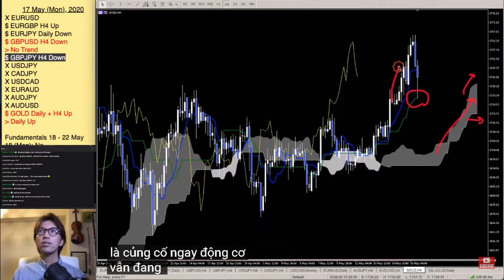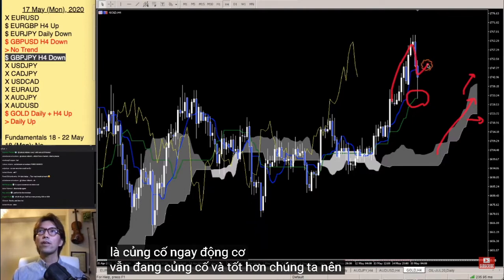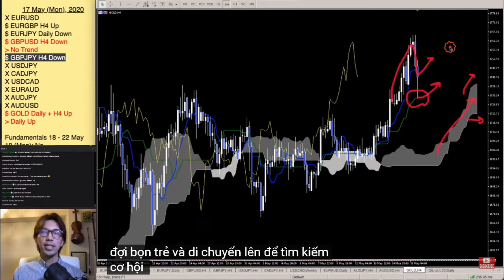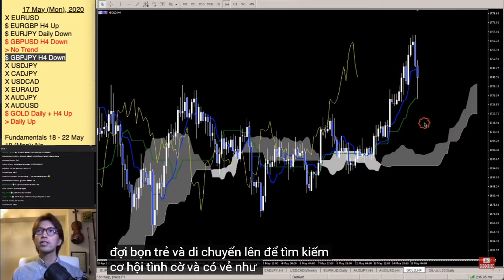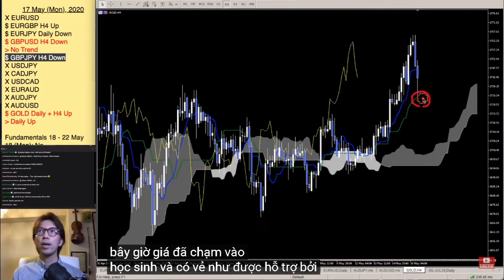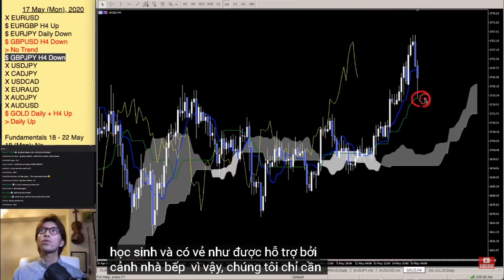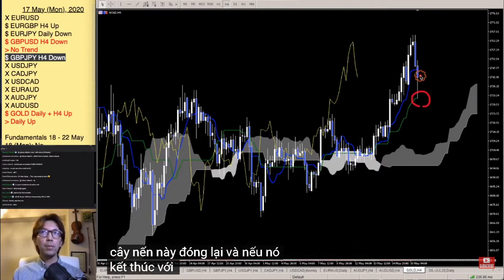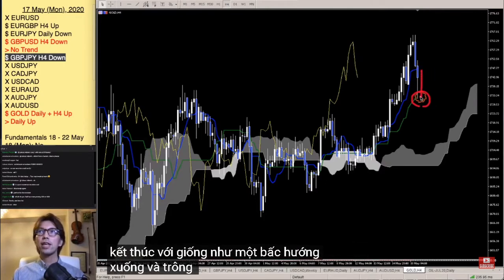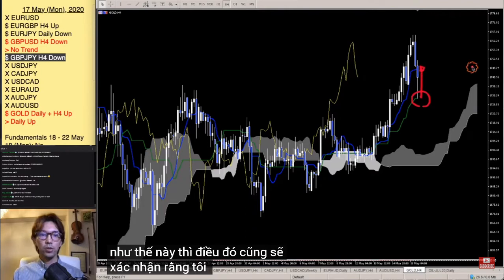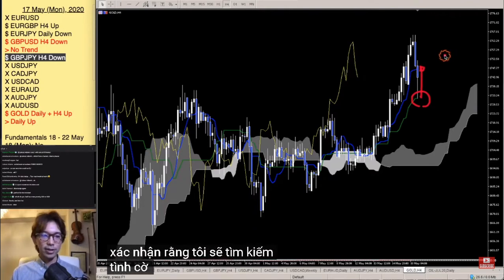The market is still consolidating, and we better wait for the Kijun Sen to move up to look for the buy chance. And it looks like right now the price has been touching this Kijun Sen and looks to be supported by the Kijun Sen. So we just wait for the candle close on this one, and if it ends up with a wick pointing downwards, looking like a pin bar, then that will also confirm me to look for another buy chance later on.